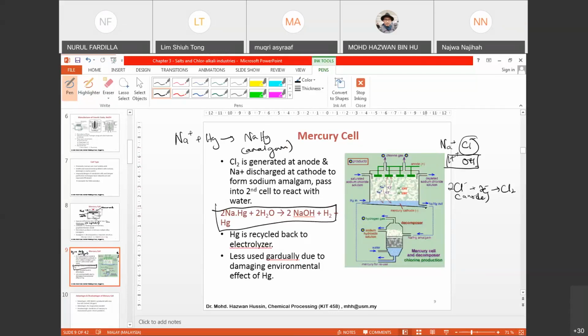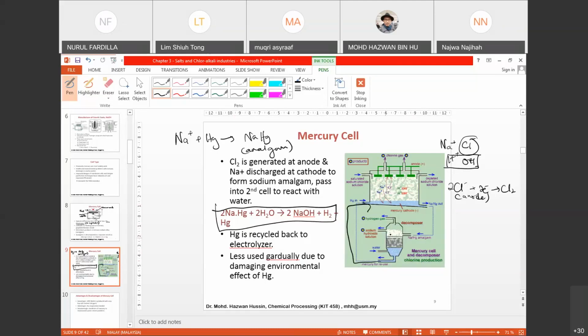So sodium hydroxide can be extracted from here, and then hydrogen gas later on as the byproduct can be separated too, and the mercury can be recycled back into the cathode.